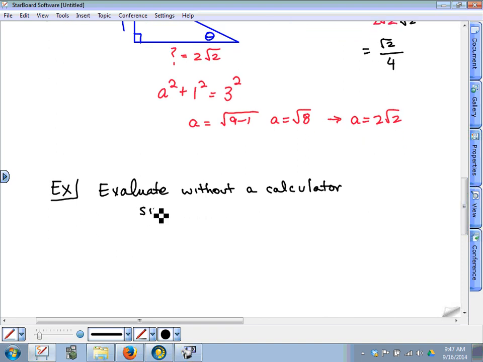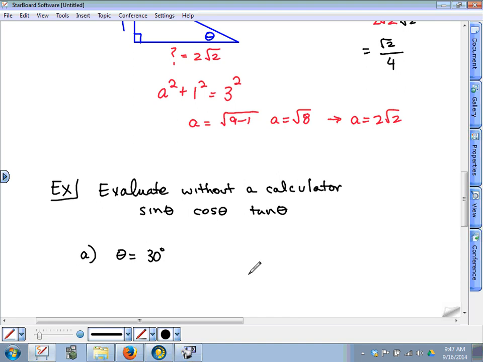So I want you to do sine theta, cosine theta, and tangent theta for the following theta values. For part A, let's do theta equals 30 degrees.